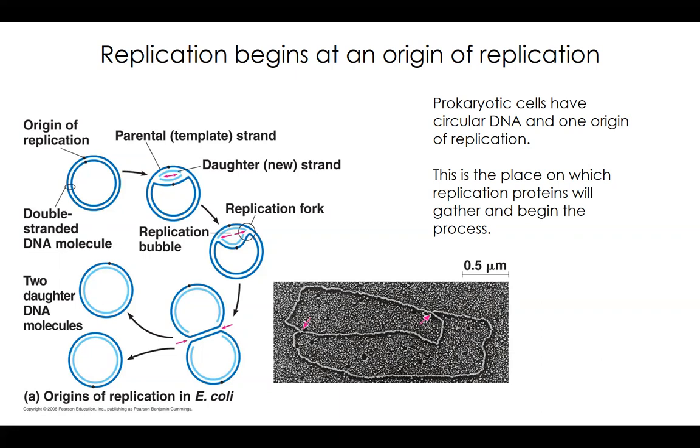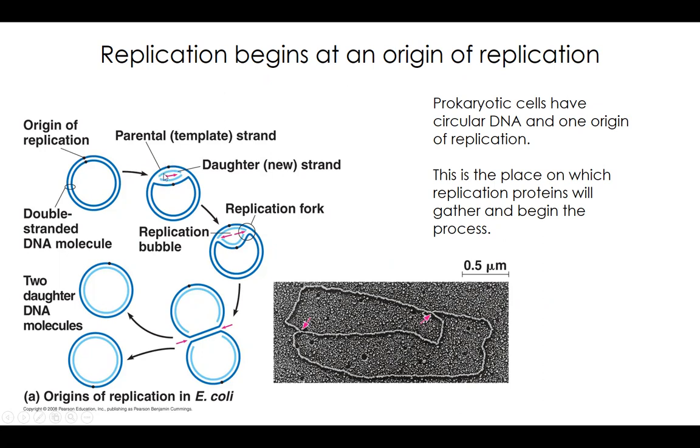We can learn a lot about how replication gets started from just thinking a little about prokaryotic cells. Their circular piece of DNA is still double-stranded, and it has a specific sequence called the origin of replication. In bacteria, this is the single sole place where replication starts.